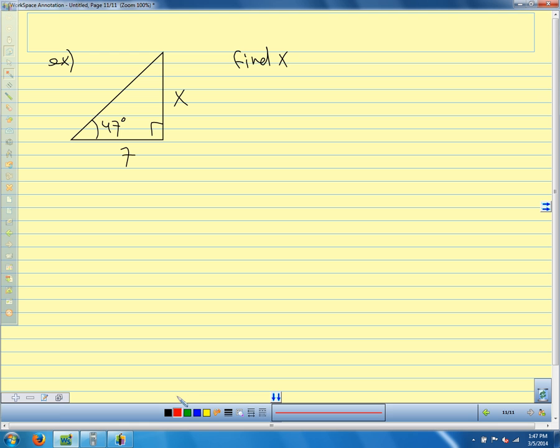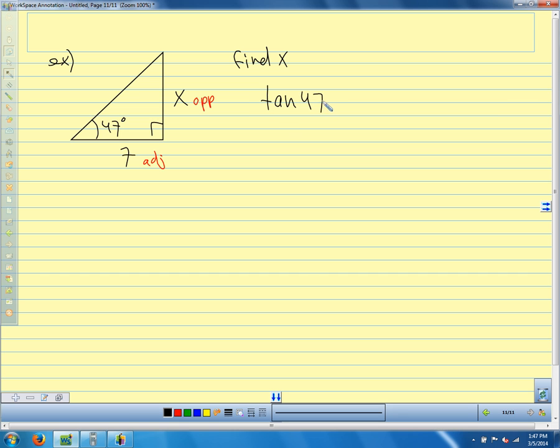So let's label our triangles, follow our steps. Is x the opposite, the adjacent, or the hypotenuse for this angle? Opposite. We're across the triangle, we're opposite. 7, adjacent or hypotenuse? Adjacent. What trig ratio tells us about the opposite and the adjacent? Tangent.